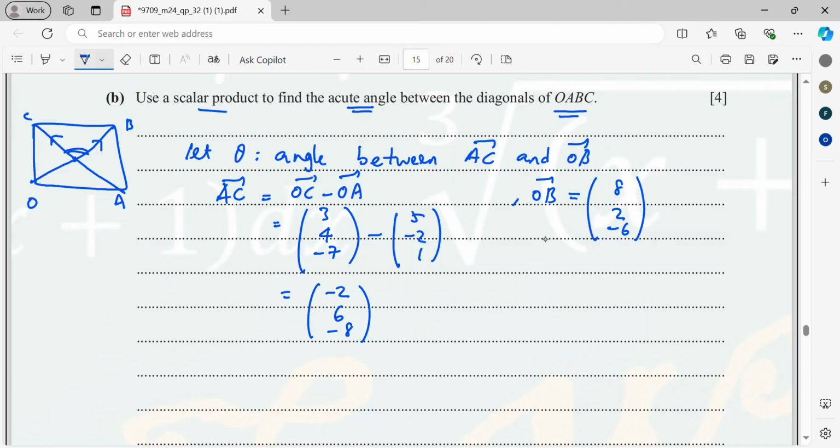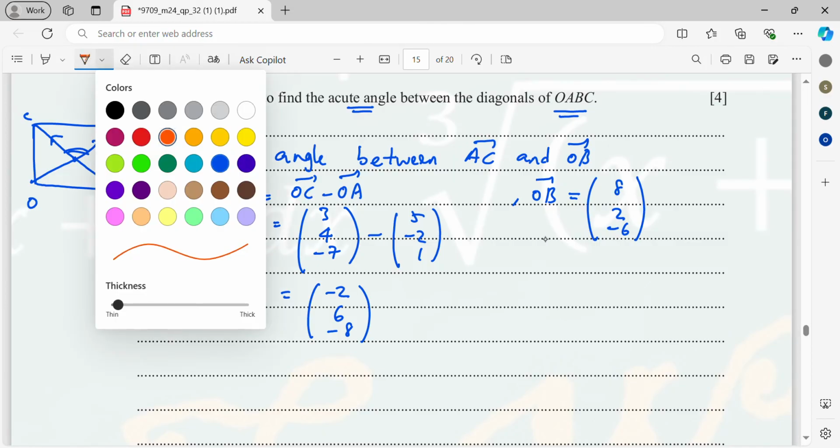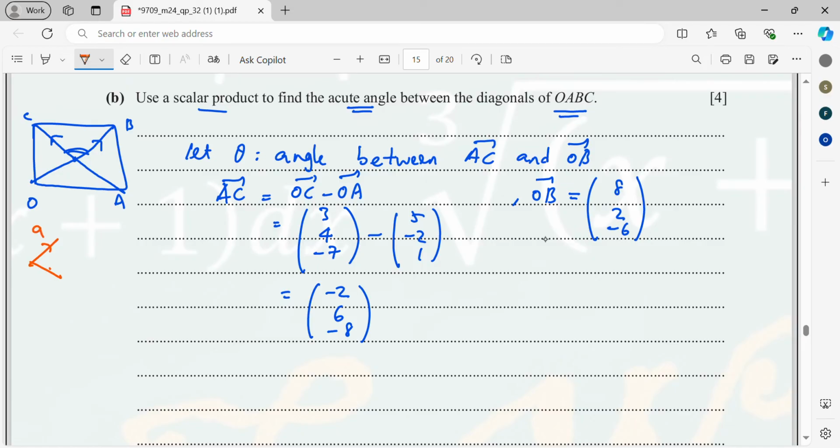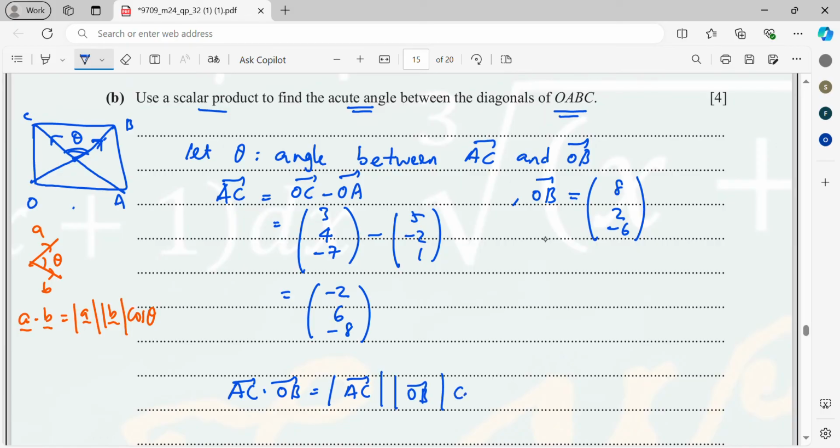Okay, so now use the scalar product formula. The scalar product formula is basically like this. This is A, this is B, here is theta. So A dot B equals magnitude of A, magnitude of B, cos theta. So now I'm using the vectors OB and AC. So AC dot OB equals magnitude AC, magnitude OB, cos theta.